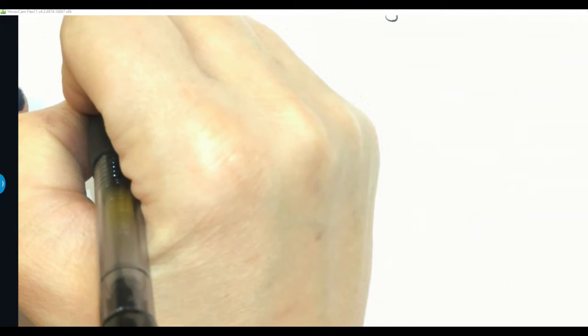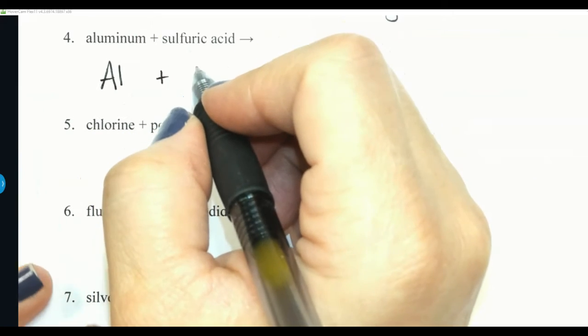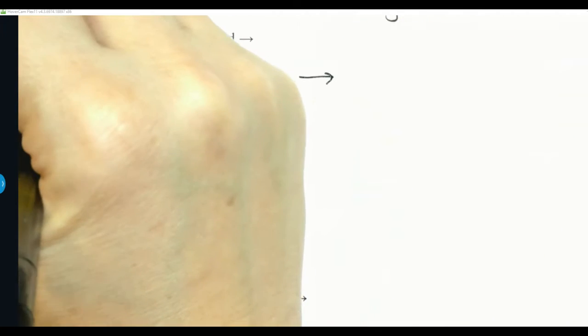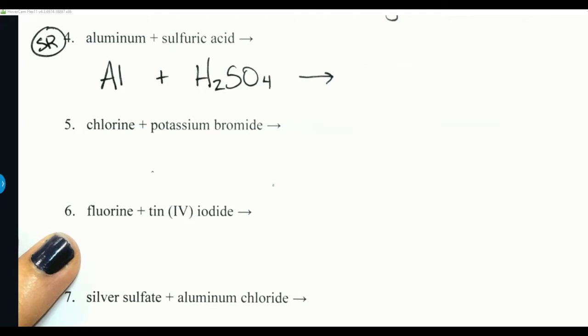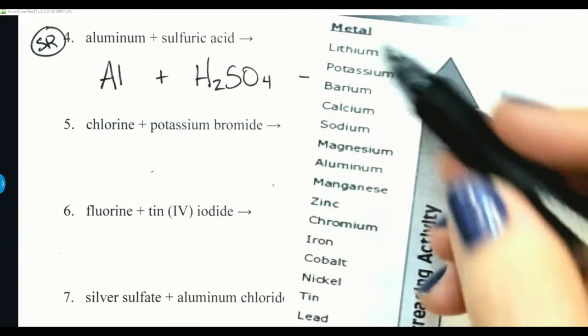Okay, we have aluminum plus, and you don't know what sulfuric acid is, so it would be given to you, but it is H2SO4. And this is a single replacement reaction. So we need our activity series, and we want to look for aluminum and hydrogen.